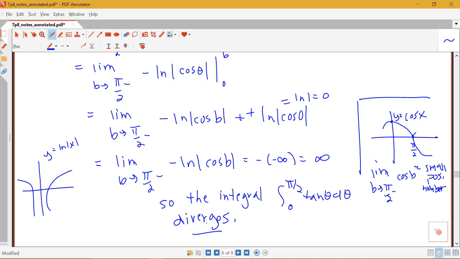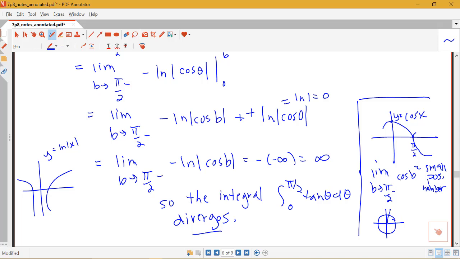One other way to think about what was happening with the cosine function is to think about the unit circle. B approaching pi over 2 from the left means an angle that's just a little bit smaller than pi over 2. That still puts you in the first quadrant, and cosine in the first quadrant is positive.